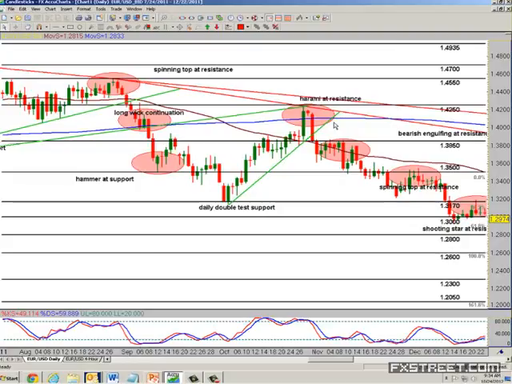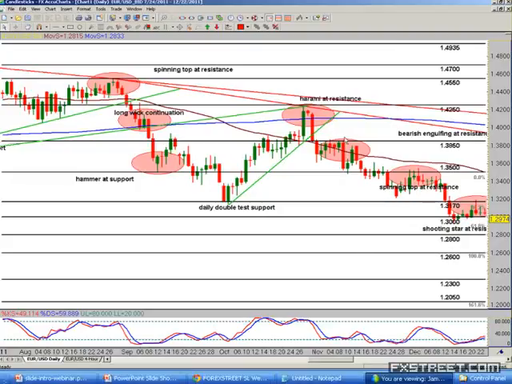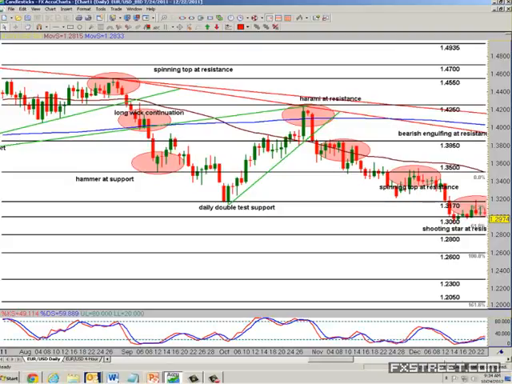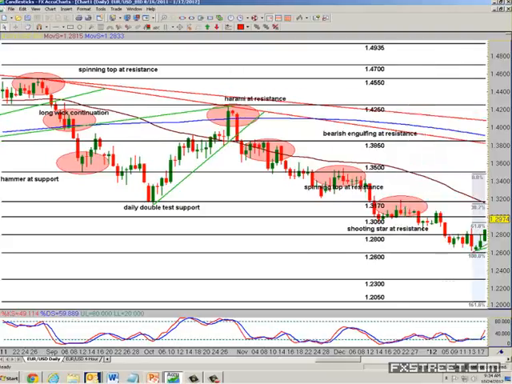All right, so we have that Harami at resistance, and then we have a move to the downside. Look here. A move to the downside. It breaks below 138.50 support, and then we have several different signals here, one of which is a bearish engulfing pattern right here, right at resistance.